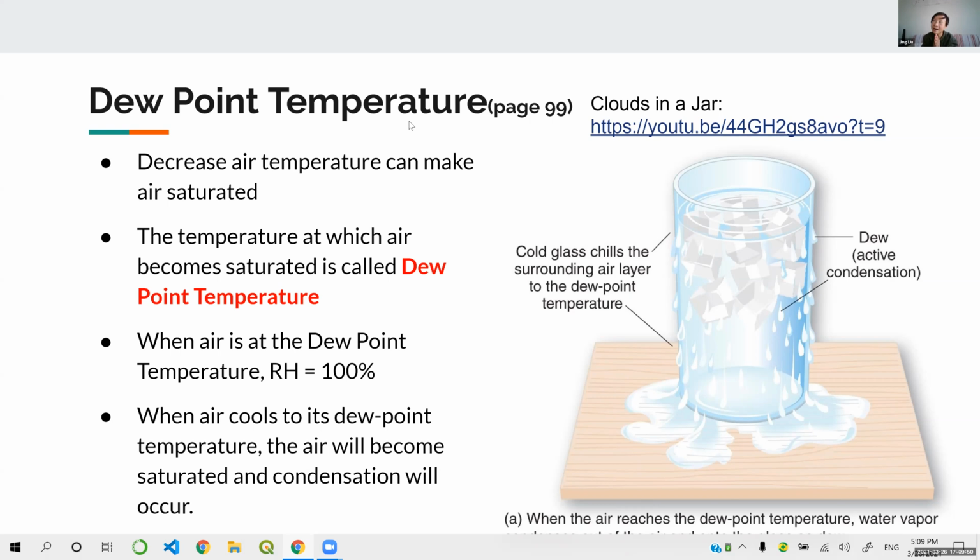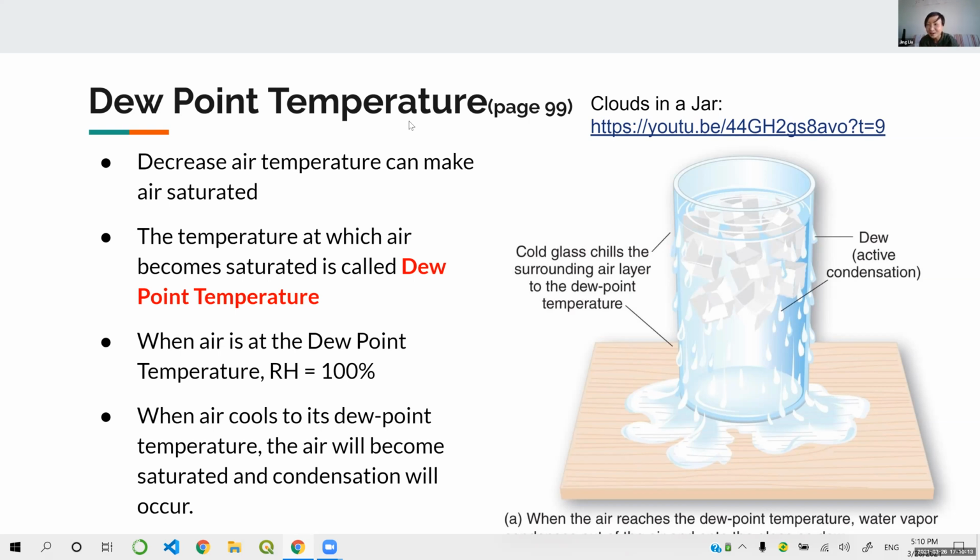Say your air temperature is like 70 Fahrenheit. To which temperature should you cool it to make your air saturated? That critical temperature is called the dew point temperature. That is the temperature at which you're going to see liquid water.